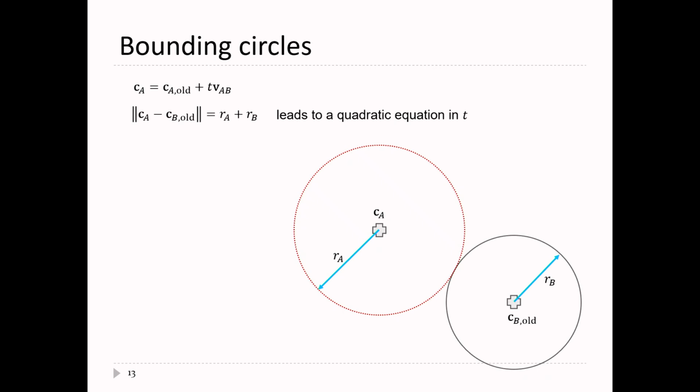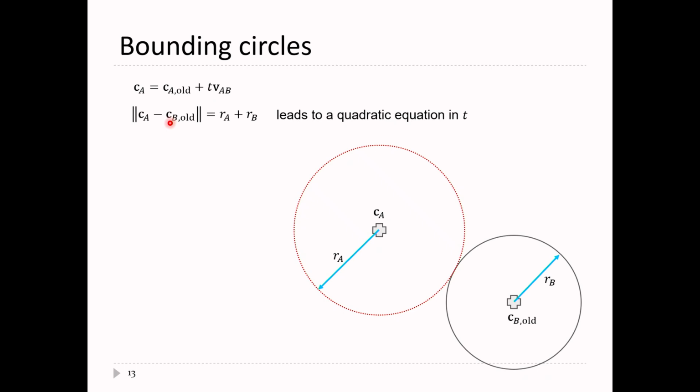And now what do I know at this point? Well, I know that the distance from here to here is equal to the sum of the two radii, RA plus RB. So I know that this distance, CA minus CB old, is equal to that sum. So the question is what is that value there?